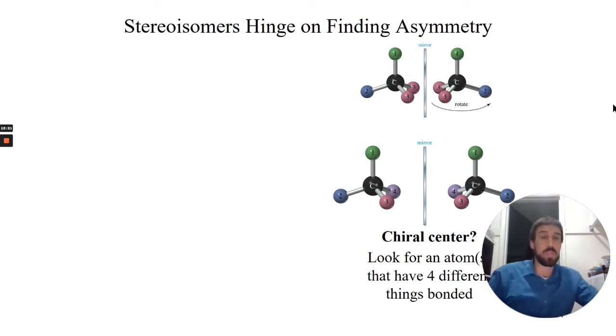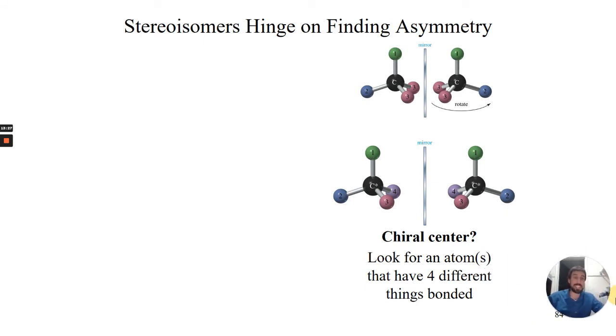Really what we're saying with a chiral molecule is that we have an atom that has 4 distinct groups. So let's take a look at this. We've got 4 distinct groups: white, green, yellow, and red.